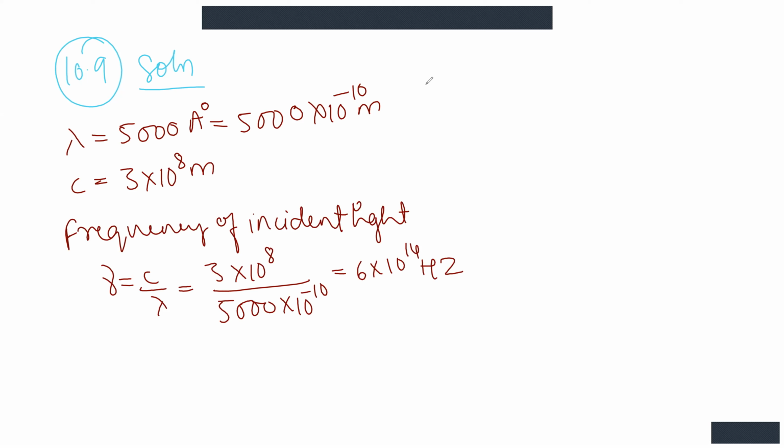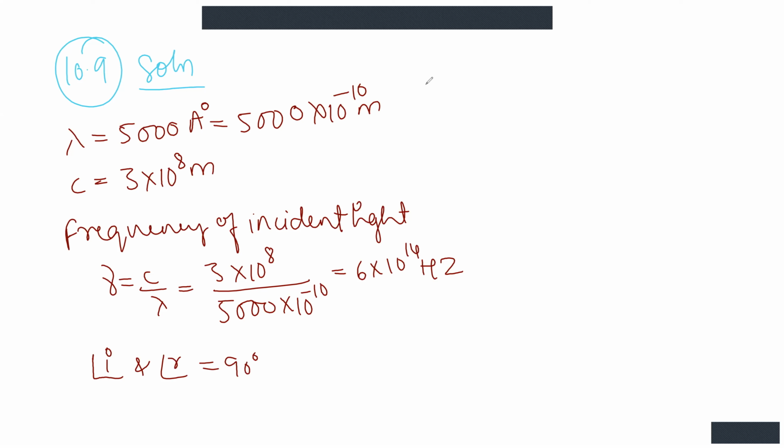So wavelength and frequency of incident light are the same as those of the reflected ray. Hence wavelength of reflected light is 5000 angstrom and frequency is 6 into 10 to the power of 14 hertz. When the reflected ray is normal to the incident ray, the sum of angle of incidence I and angle of reflection R is 90 degree.